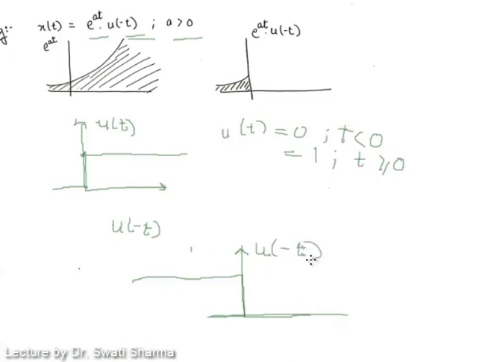Now what I have done in this particular example is I have multiplied this exponential signal with this graph. Now when this is multiplied with this graph, then this positive part would now become 0 here. So this positive part of the signal, which was having an area approaching infinity, would now become 0 because this is getting multiplied by 0.